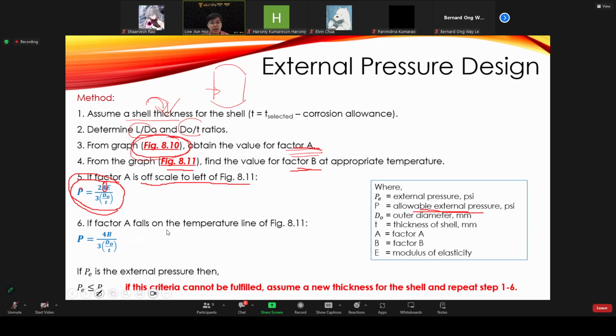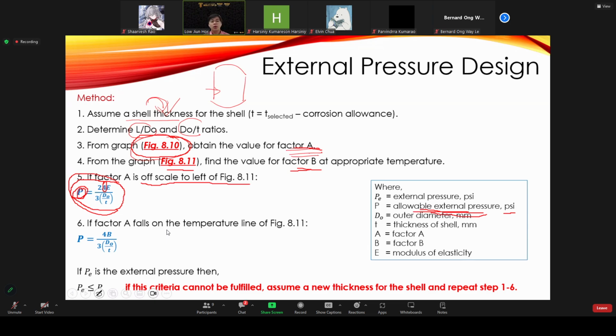The pressure we calculate by using the equation here is known as allowable external pressure, unit PSI. This pressure is actually the maximum external pressure that can be withstood or supported by your pressure vessel.